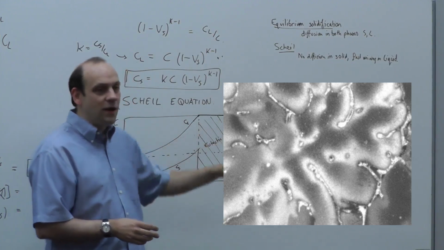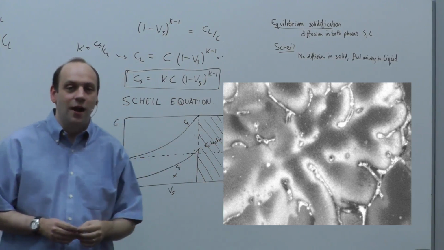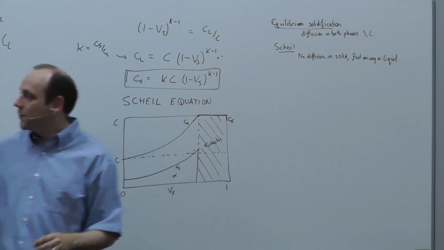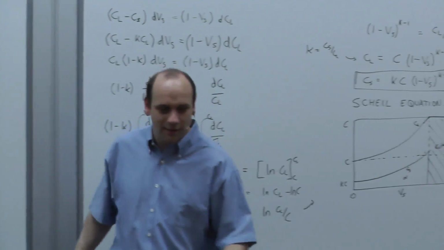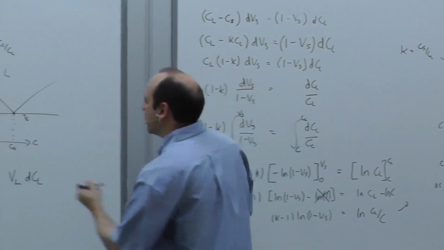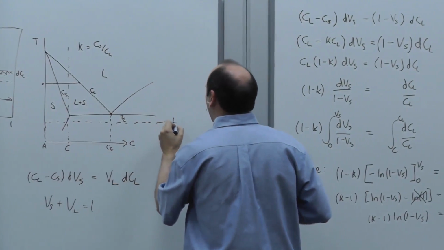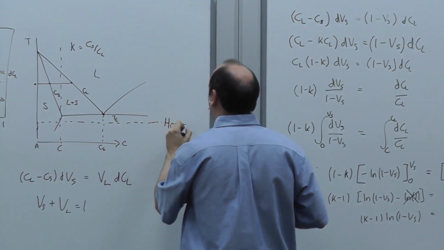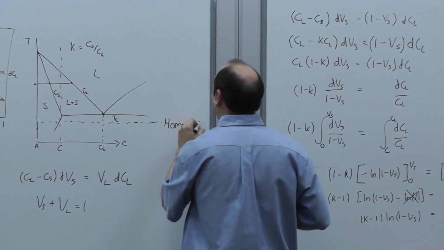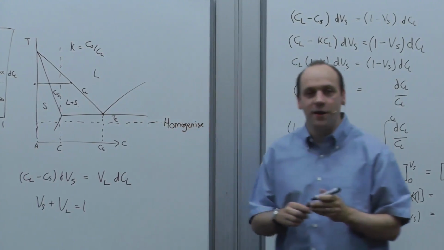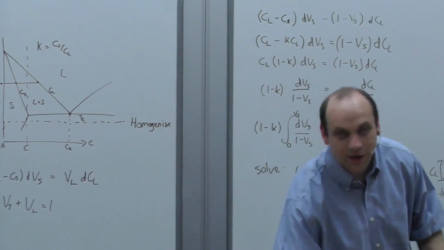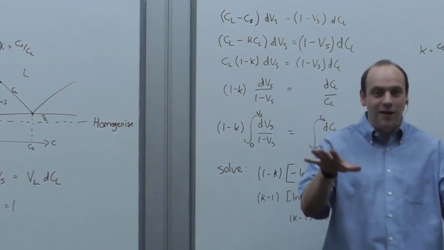So what we do is we take it up in temperature, probably quite close to the eutectic point, up to some temperature like here. I'll just draw that on. So up to some temperature just below the eutectic. And we do what's called homogenization. What you do in a homogenizer, in a food blender, is you equalize everything everywhere.